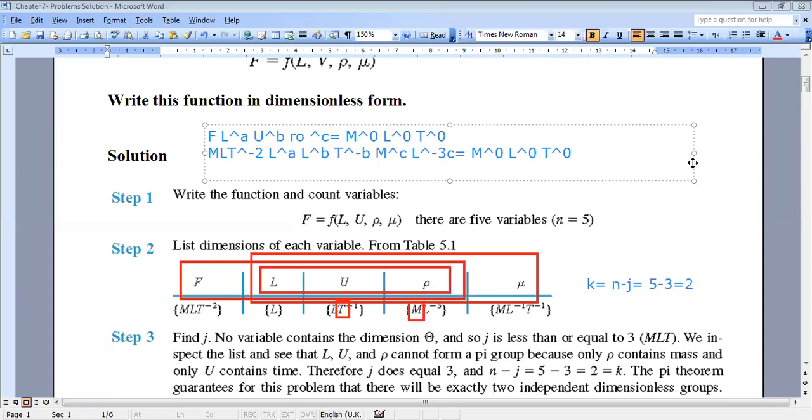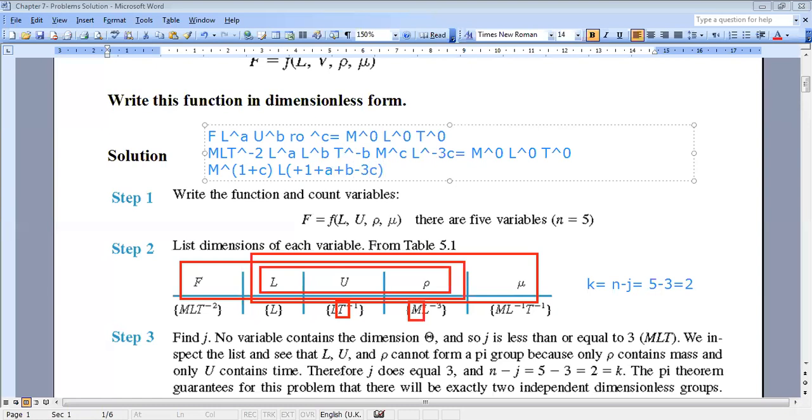Okay, now all you have to do is to find the coefficient of M, L, T from this side. So first for M, what is the coefficient? You have here 1 plus C. Anything else? No. So this is the coefficient of M. Now for L, what do we have? We have here plus 1, plus A, plus B, and minus 3C.